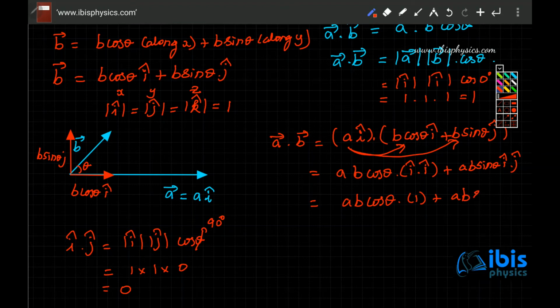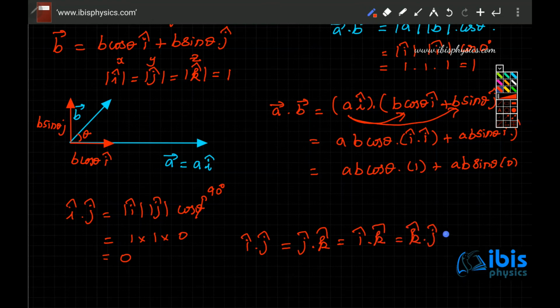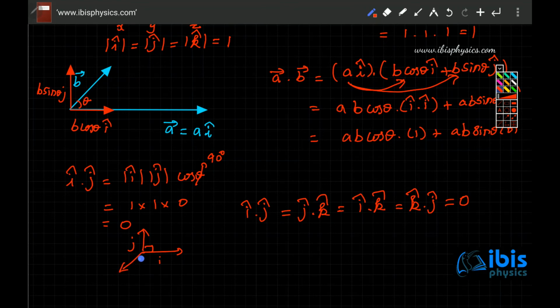So AB sin theta into 0. Whenever we do a dot product, if we get i cap dot j cap or j cap dot k cap or i cap dot k cap or k cap dot i cap, all of them are going to give you the value 0. Because the x and y axes are 90 degrees to each other, the angle between i cap and j cap is 90 degrees, and the z axis is 90 degrees to the x axis and 90 degrees to the y axis.